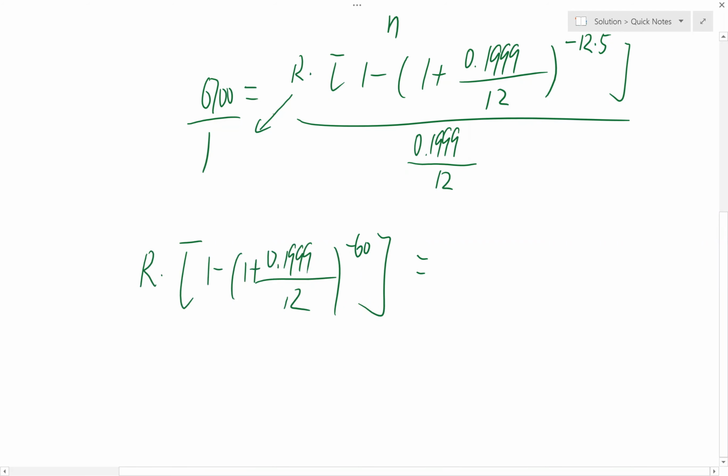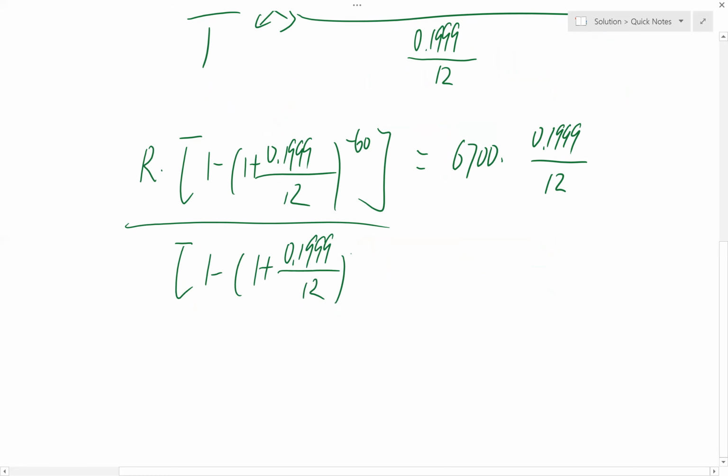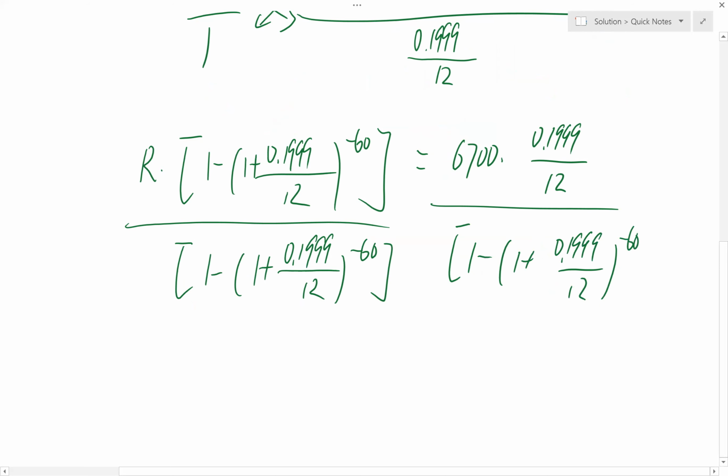And on the right-hand side, 6,700 times 0.1999 over 12. Okay. Now eventually we just divide both sides of the equation by this square bracket. That will do it. And Excel will take care of this complicated calculation for us. And I cancel that, square bracket, regular payment by itself.